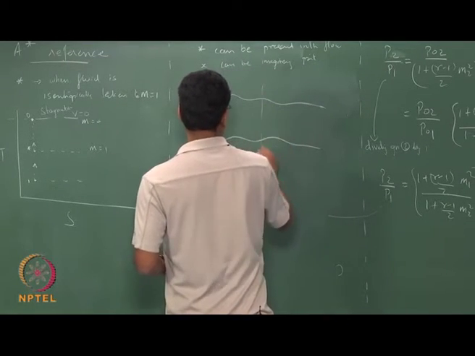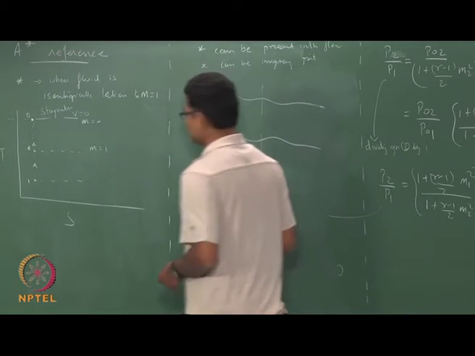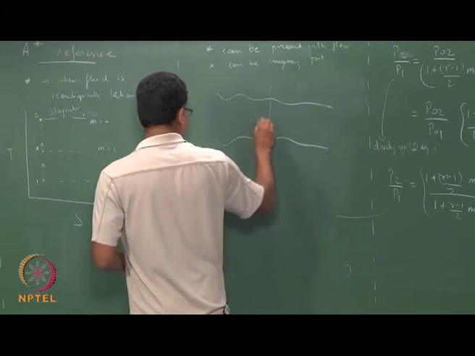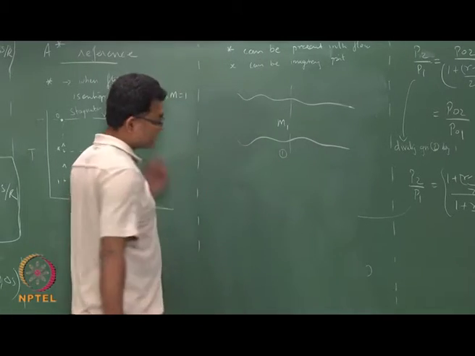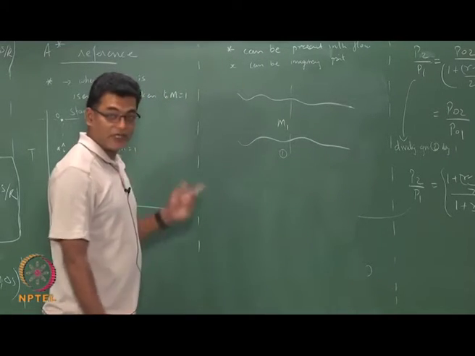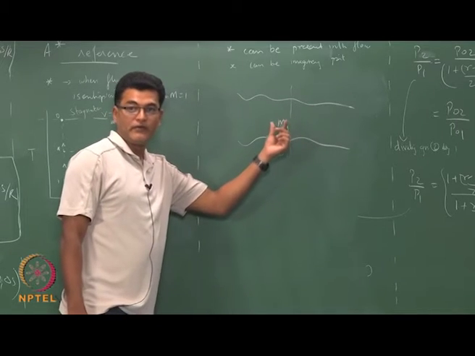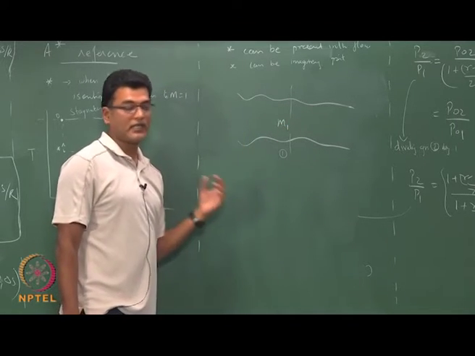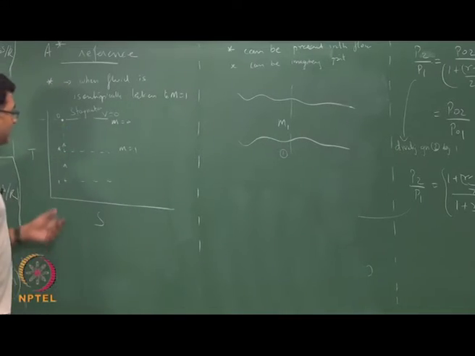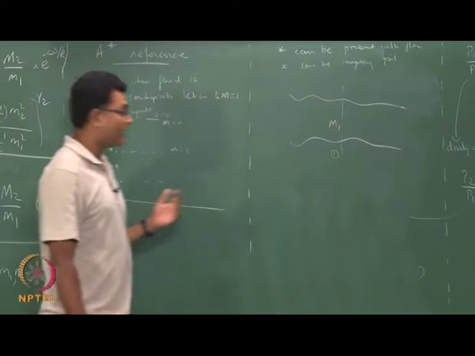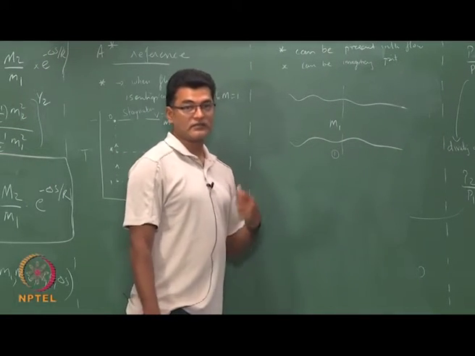So, this is 1. There is a Mach number associated with the station 1, this is a 1D flow. Now, I take this fluid to an imaginary value where M equals 1 and that is your star condition and that area is your A star.